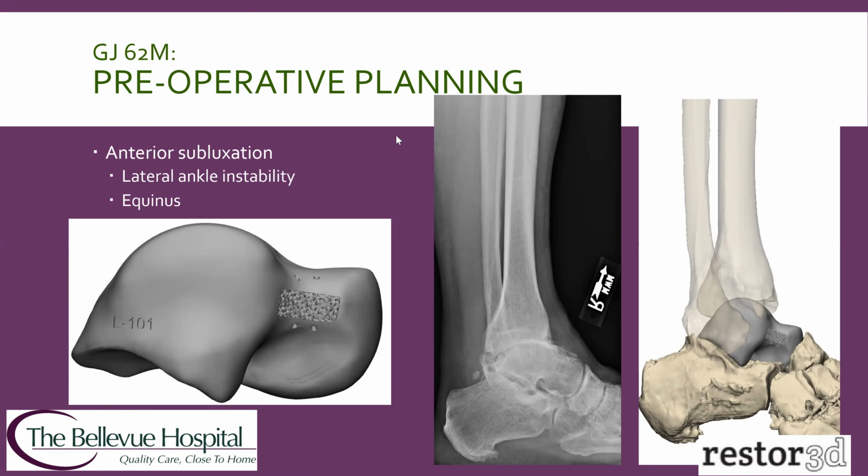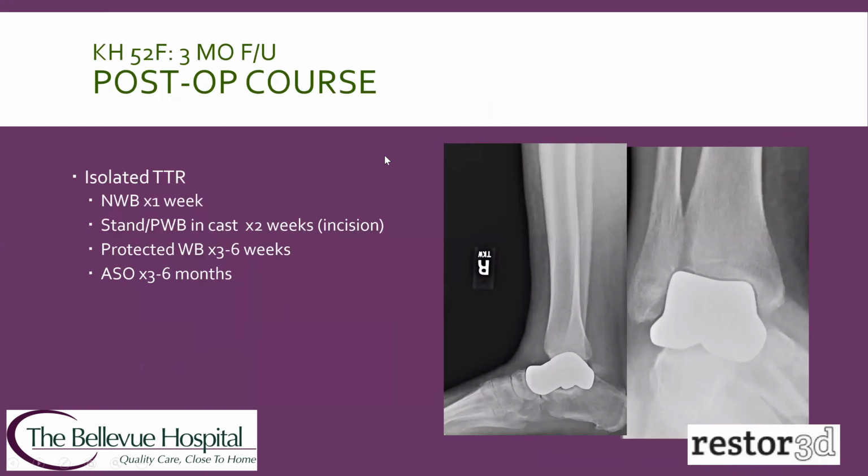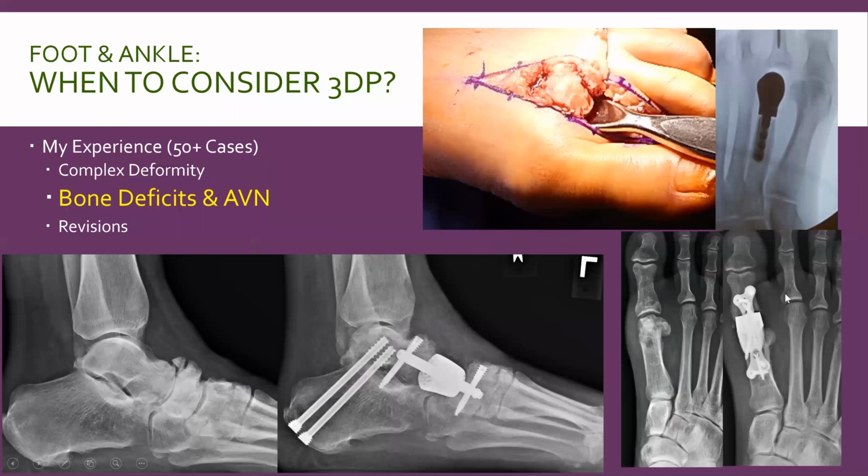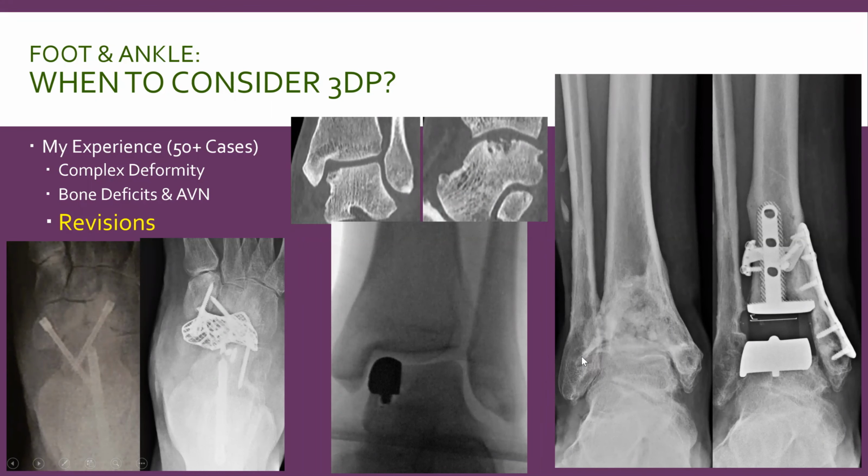And even like the one case, Coleman, you and I did together a couple of years ago, of doing a custom tibial component. So basically, AVN doesn't scare me nearly as much, but if they have neuropathy, then I'm definitely not replacing, whether it's a total talus or a total ankle, because you just know that that's not going to hold up.